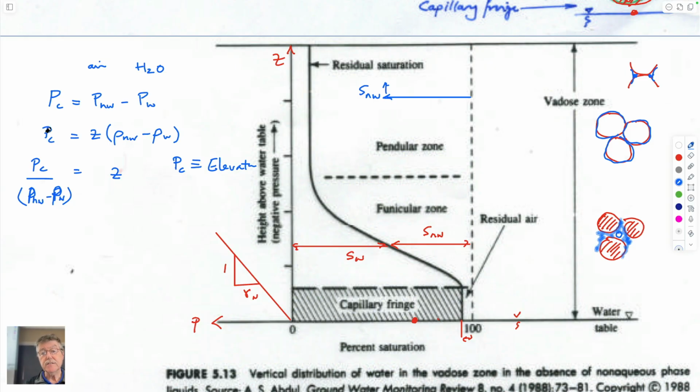Just rewriting this, so this is just a scaling. You can write it in terms of the two pressures. You can define each of those pressures individually in terms of a height and a density. And so by definition, you can link capillary pressure to this. So you can scale this either as pressure, capillary pressure, or an equivalent magnitude of elevation. So, as you know. Okay.